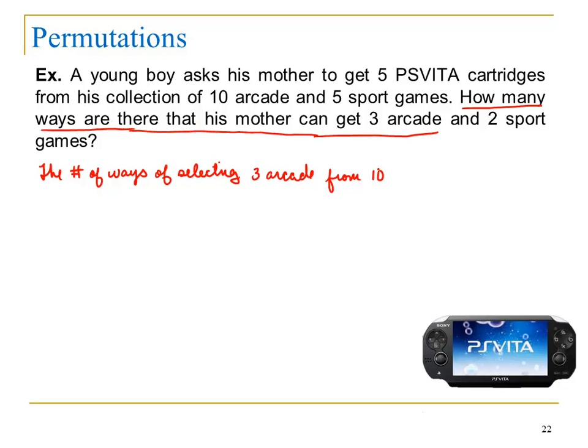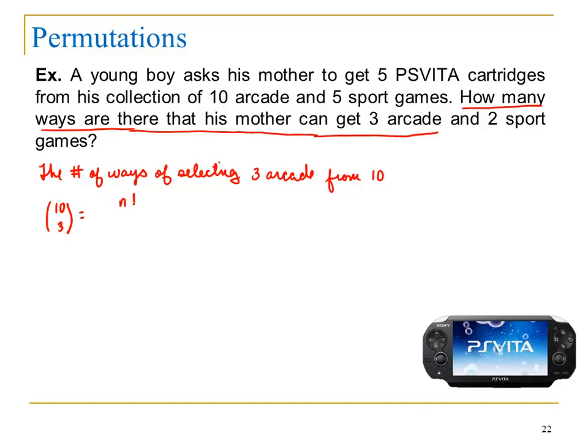And again, once we select one, we are not putting that one back into the group, so we're going to have fewer options. We're going to have 9 to select 2, 8 to select 1. Okay? So based on theorem 2.6, we want to know how many options to select 3 out of 10.